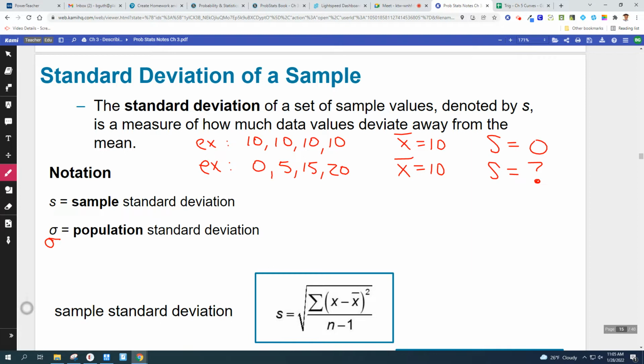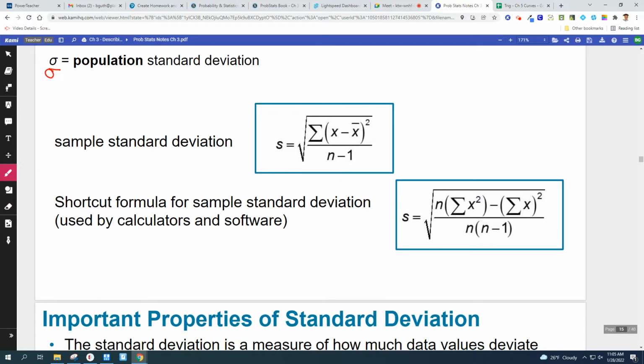You've got a couple of formulas here, and these formulas look crazy. I know that they look really difficult. I don't expect you to have these 2 things memorized, but you've got 2 different formulas for the standard deviation of a sample.